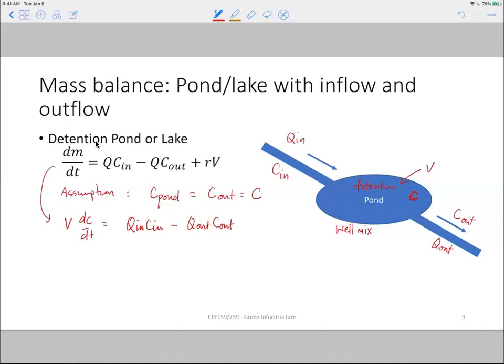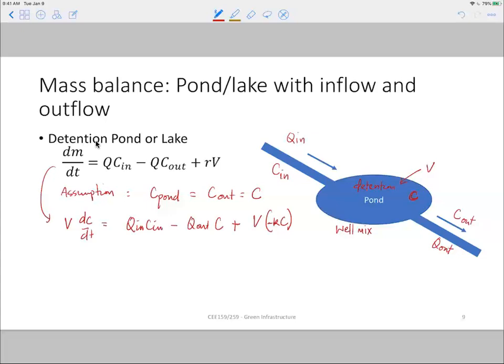Again, because we are saying C out is the same as C, we can just write it as C. Then the reaction term, volume times the rate constant. So let's say this is a first order reaction, so that will be KC. Because the reaction decreases the concentration, that's what we are assuming here, we can write a negative sign there.